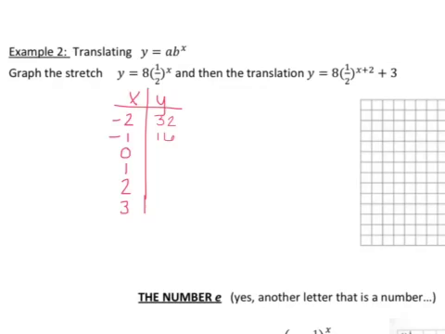What comes next? Remember that growth factor or decay factor, so this one's a decay factor, tells you what pattern happens here. So we went from 32 divided by 2 all the way down until we got 1. Okay, so let's graph that.